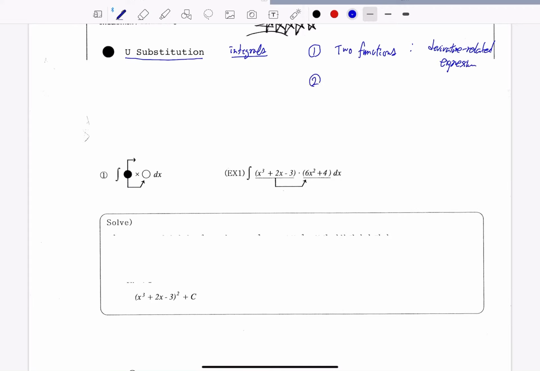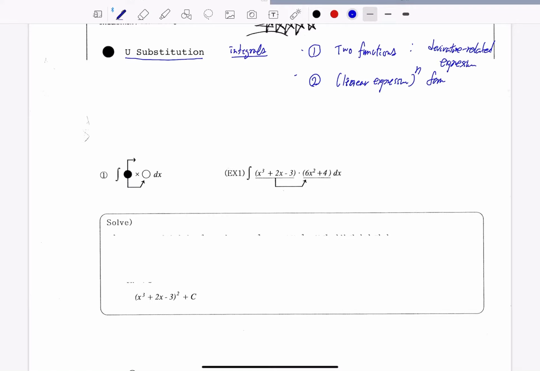Number two, if there is a linear expression or linear function to the n power form, we can use U substitution. Let's talk about these two cases in more detail by using examples.